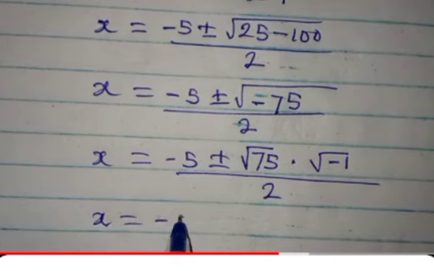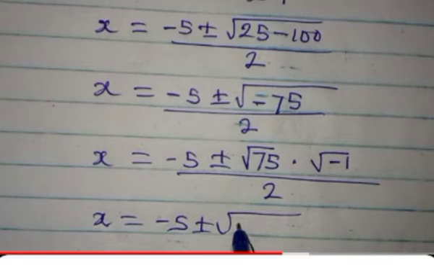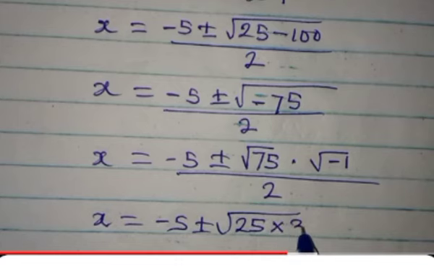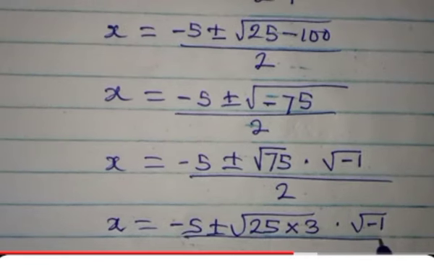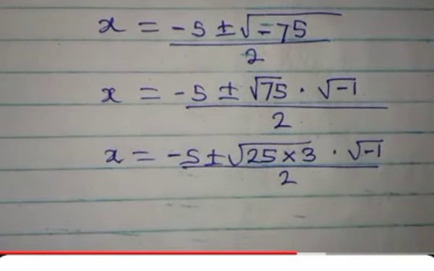Then we'll have x equal to minus 5 plus or minus the square root of 75, which is the same thing as 25 multiplied by 3, and then multiplied by the square root of -1. Then the whole of this is over 2. I hope that this is understandable.